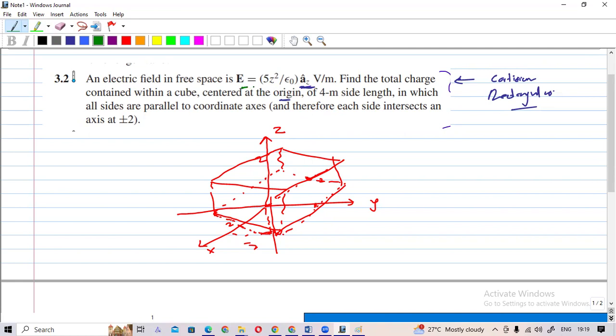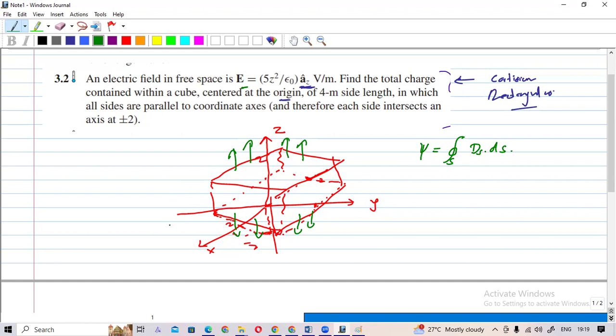Now tell me. This E field is in Z direction like this. So Gauss's law, we know that the electric flux phi is equal to the surface integral of D dot dS.